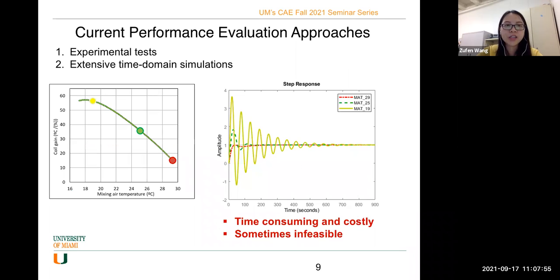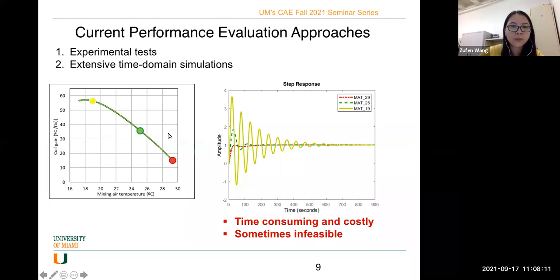So to better design the control system, we have to evaluate the control performance under variable operation conditions. Current performance evaluation approaches mainly include experimental tests and time domain simulation.